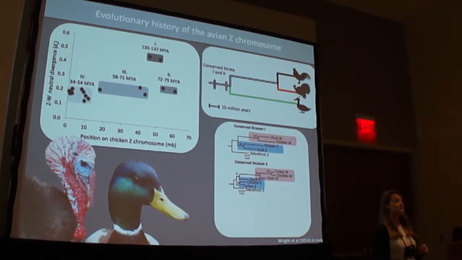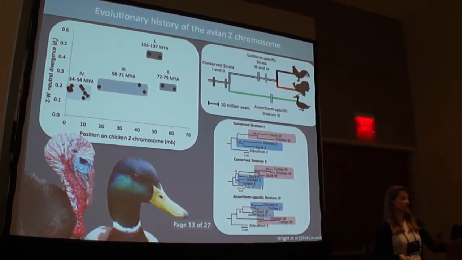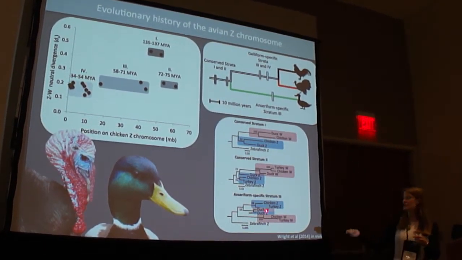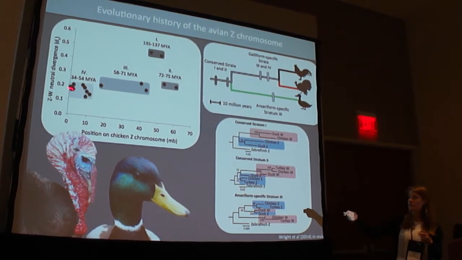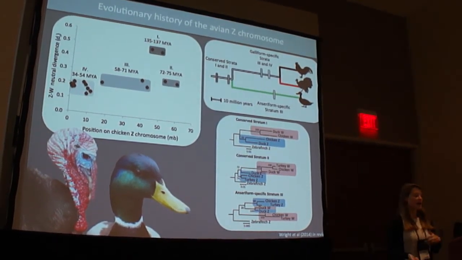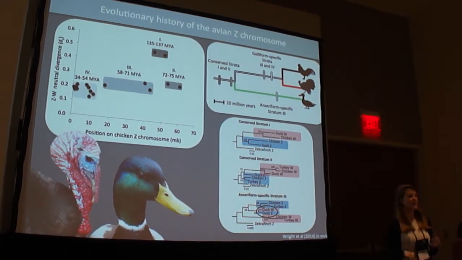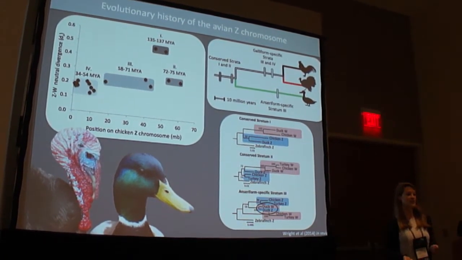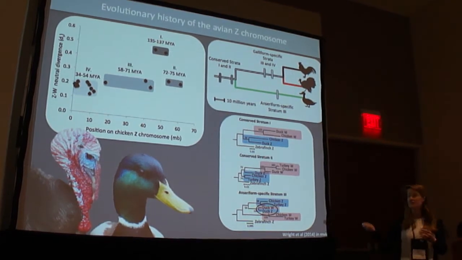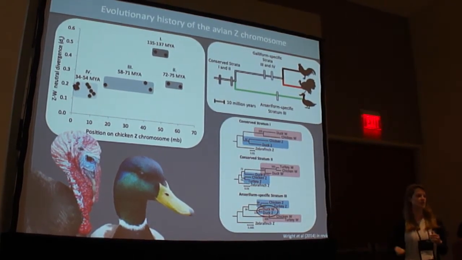However, you see a very different pattern when you look at the youngest two strata. So this is a gene tree for this ortholog here. And you can see that the duck W and Z orthologs cluster together independently from the chicken and the turkey.